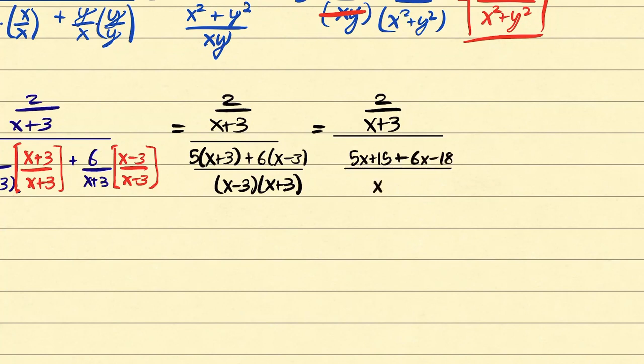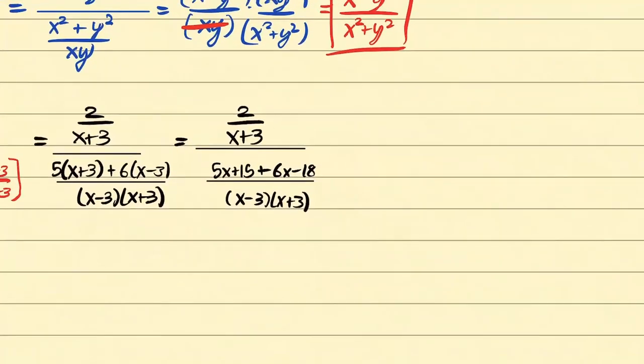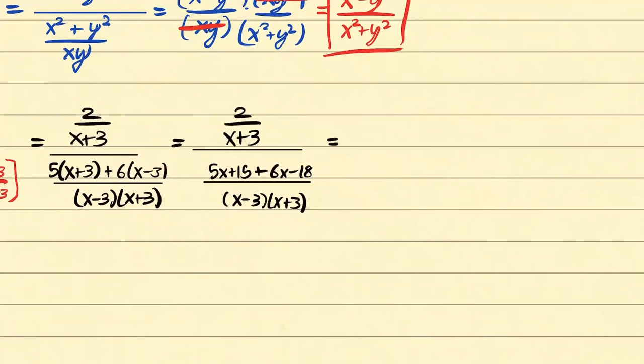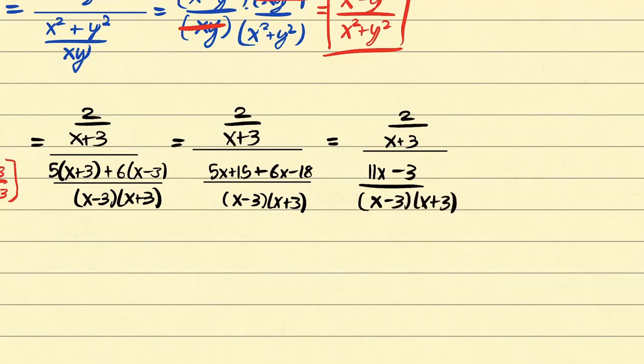over the quantity x minus 3, x plus 3. And I'm going to continue to simplify it in the very bottom denominator as much as I can. This will become 11x minus 3 over the quantity x minus 3, x plus 3.